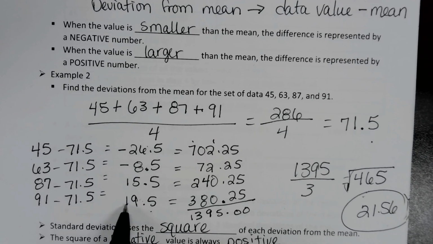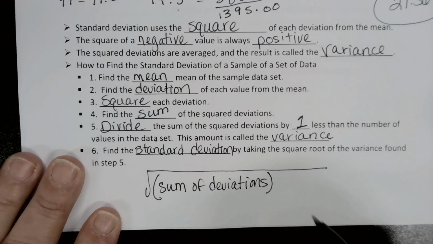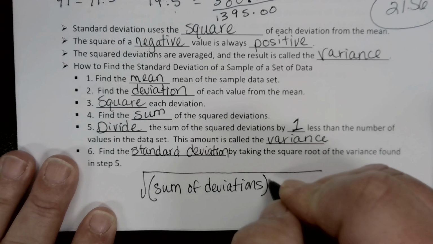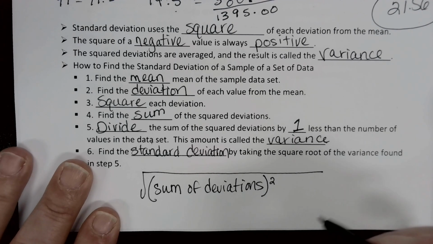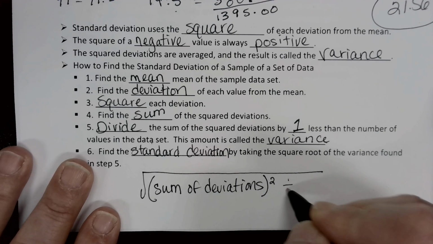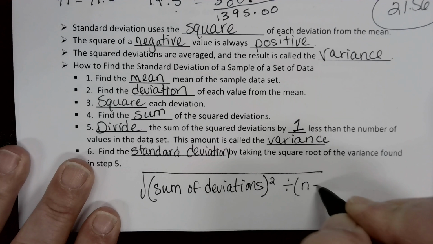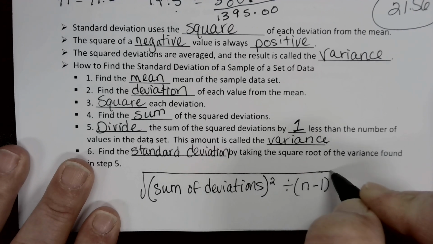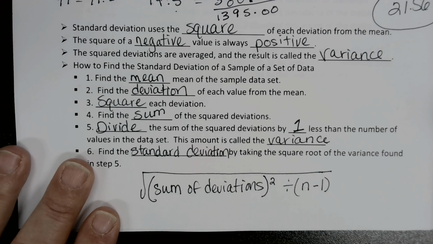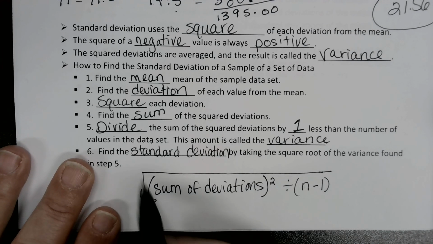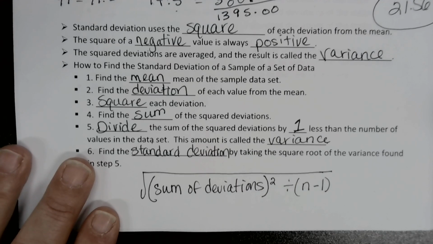We did this to get that deviation. We're going to square each of those numbers and add them together. Then we're going to come back and divide by one less than however many numbers we have. Then the final thing is to take that square root.